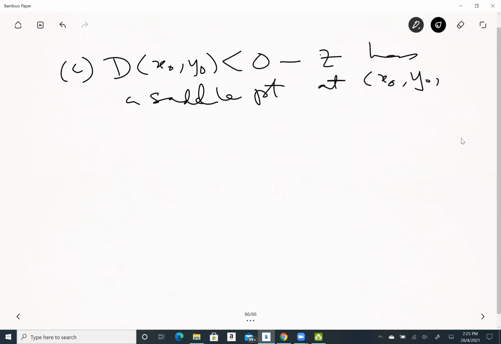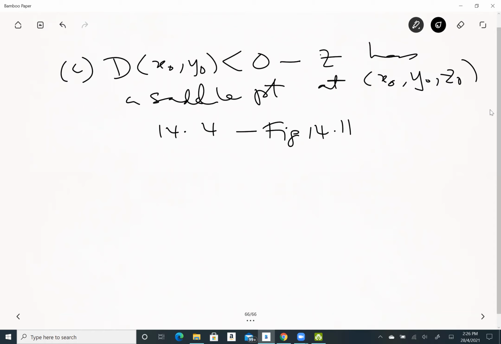Now, what is a saddle point? The concept is similar to what you had earlier. The function is not a maximum, it's not a minimum. So for this three-dimensional function, a good picture of the saddle point, you go to 14.4, the picture given in figure 14.11.